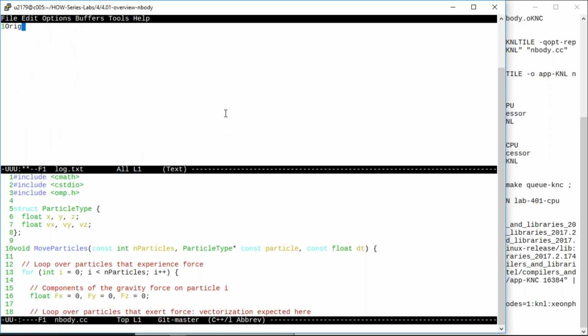So original code. So Xeon, Ivy Bridge, Xeon Phi, Knights Corner, and Xeon Phi, Knights Landing. We are doing a single precision simulation. So theoretical peak performance is a relevant metric.